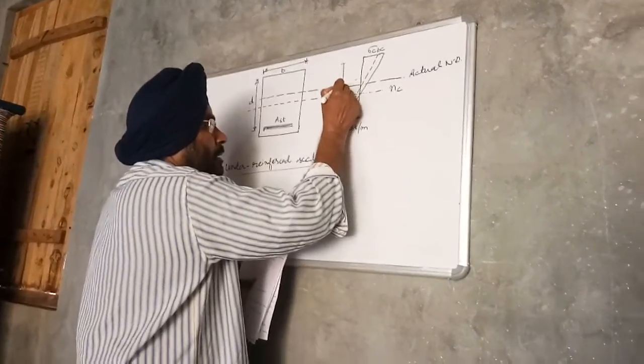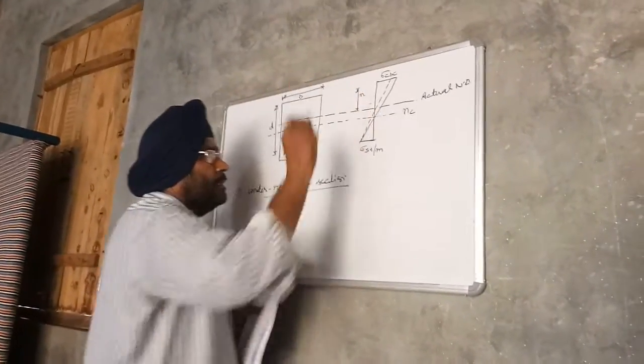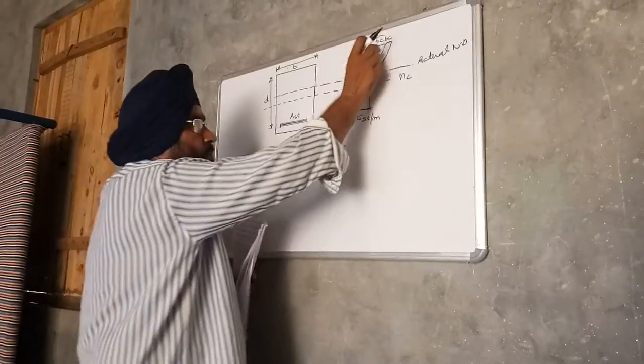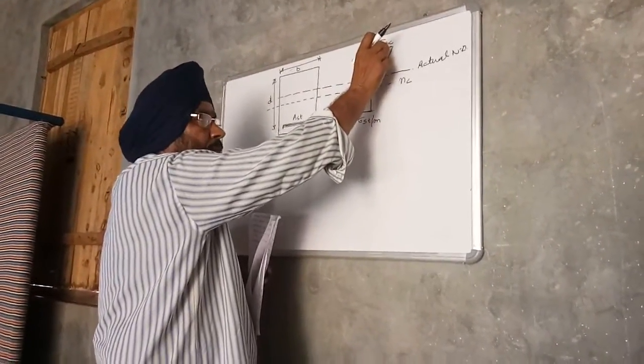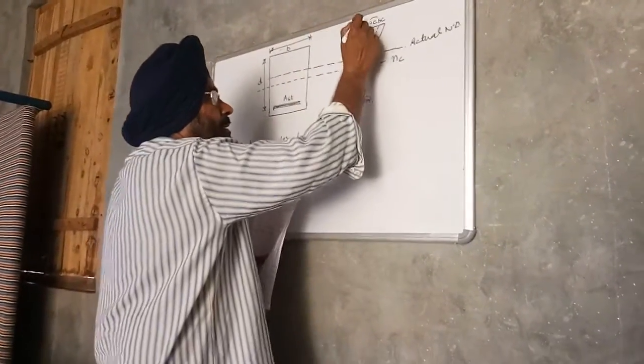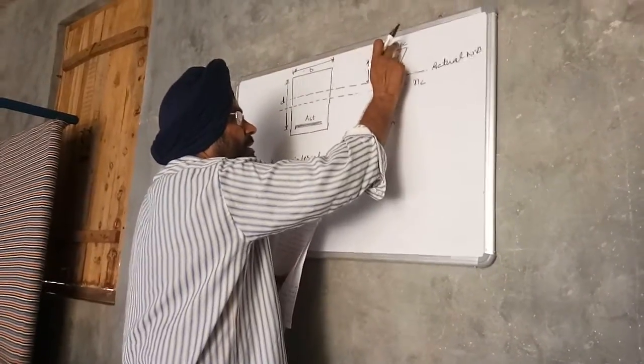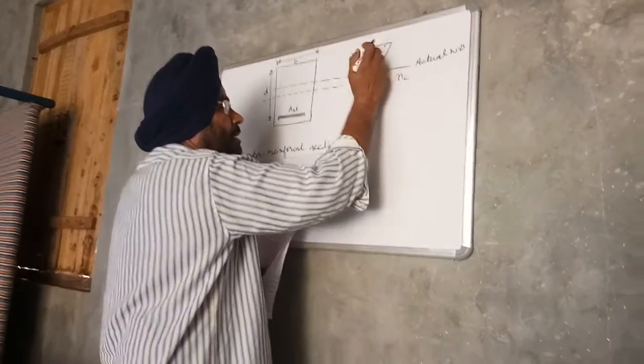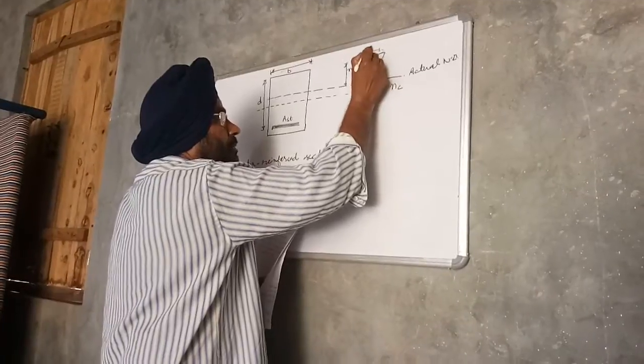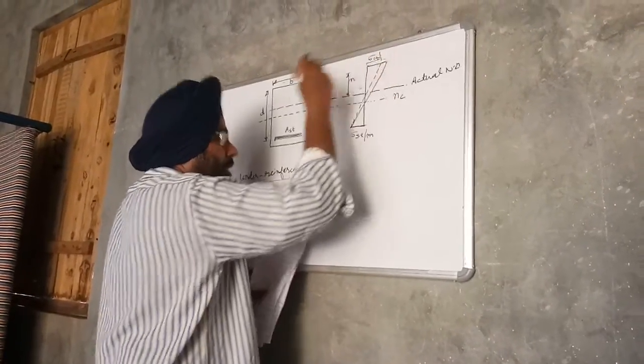This is the depth of the neutral axis. So sigma CBC is the permissible compressive stress in concrete, and this value is sigma CBC dash.